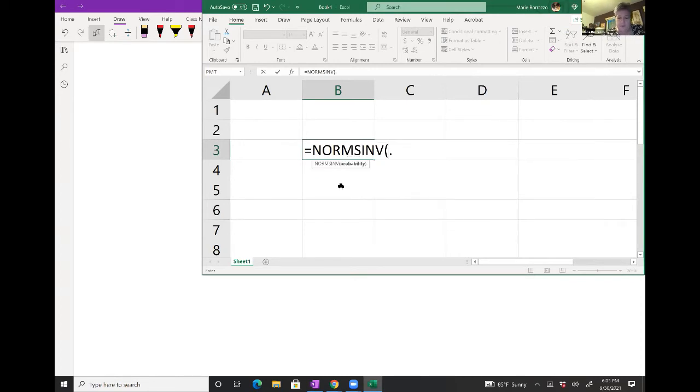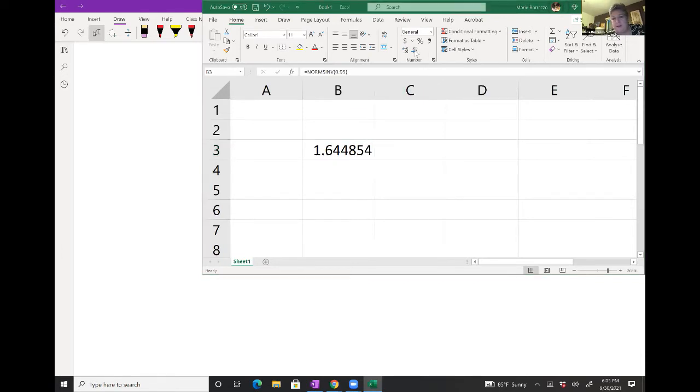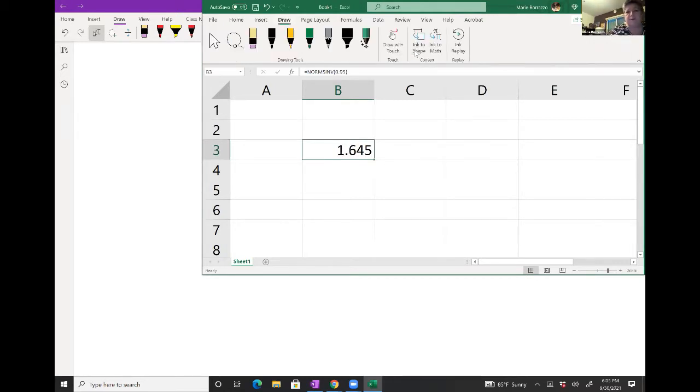I'm going to put in 0.95, and that tells me that the critical z value will always be 1.645 given an area of 95. So if you notice, if I shrink this, my Z value equivalent is what I use for 90% confidence.